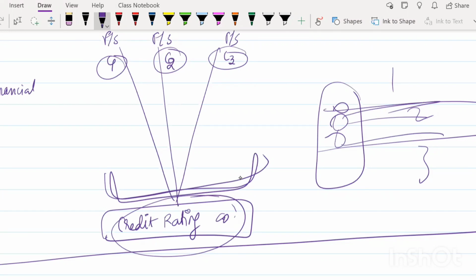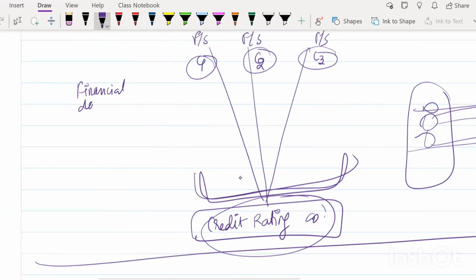Now suppose in their financial statements, this company has sundry creditors of 100 crores. Company number 2 has given in its financials that its accounts payable are 150 crores.